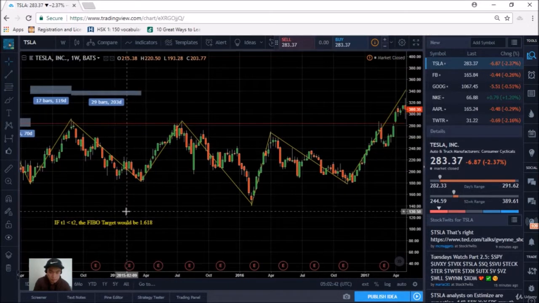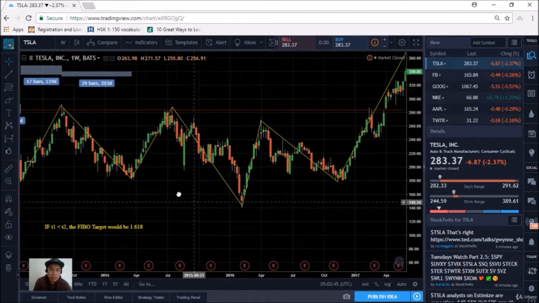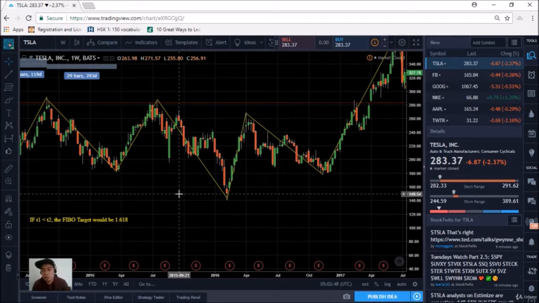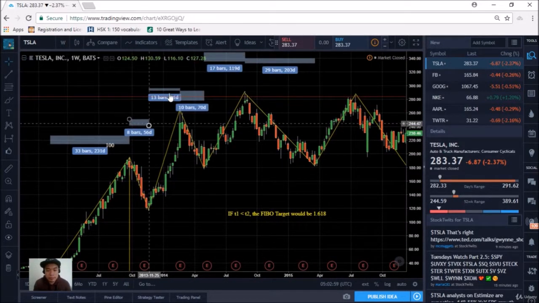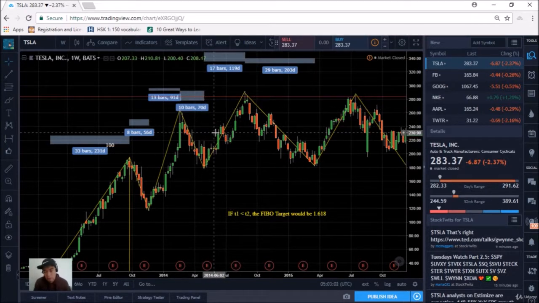Now, right now, if we want to analyze Fibonacci as power analysis, then if you see at this level, we don't have to use Fibonacci analysis, because with Fibonacci we have to identify the distinct high and distinct low and drag to measure the Fibonacci target or the extension.